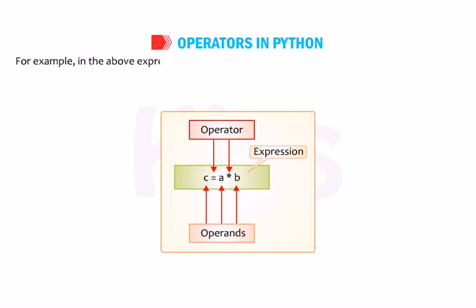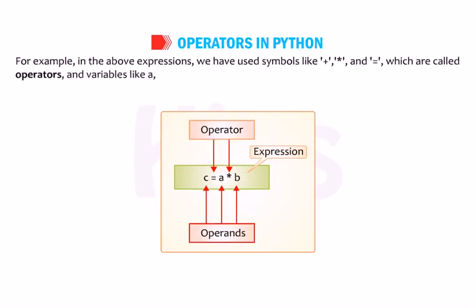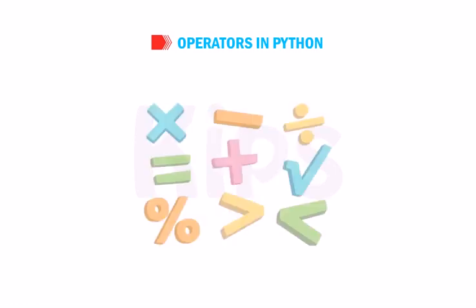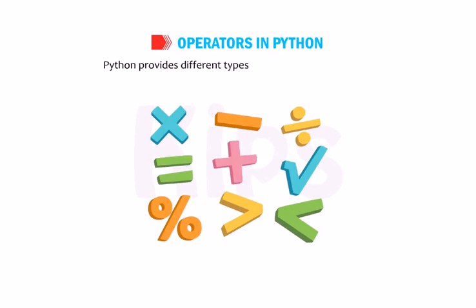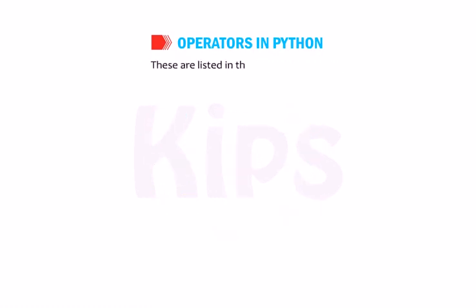For example, in the above expressions, we have used symbols like plus, asterisk, and equal to, which are called operators, and variables like a, b, and c, which are called operands. Python provides different types of operators to work with. These are listed in the following table.